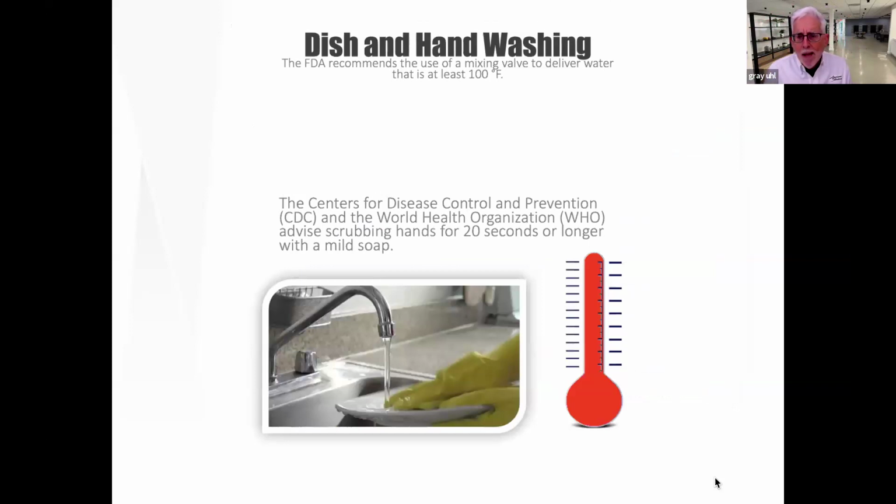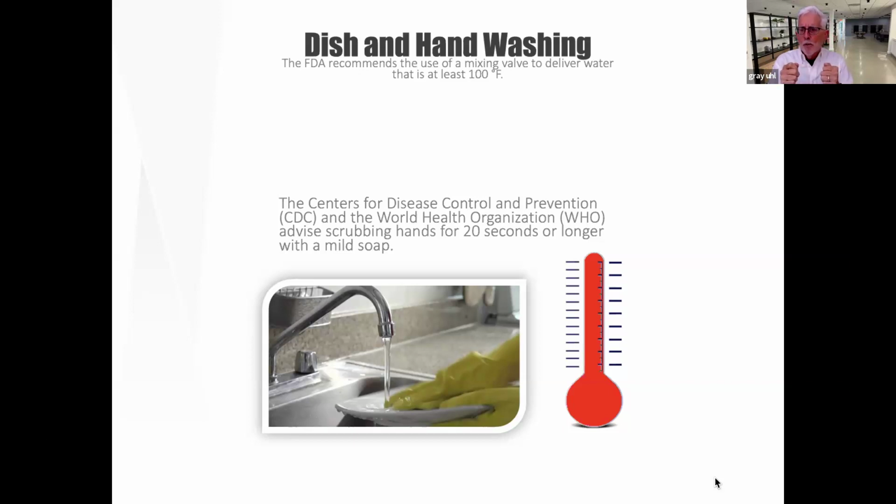So a common misconception is that water needs to be hot to eliminate germs when you're washing your hands. I think everybody believes that, but this confusion might stem from the U.S. Food and Drug Administration's, the FDA's, food code, which stipulates that water temperature in dishwashing equipment should be 110 degrees. However, this guideline has no germicidal benefits.